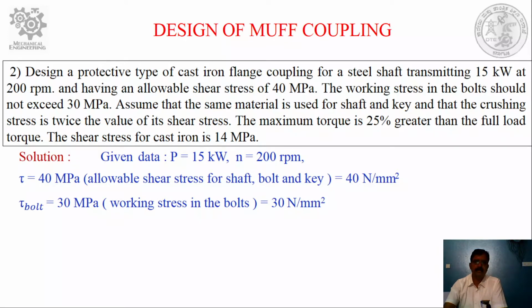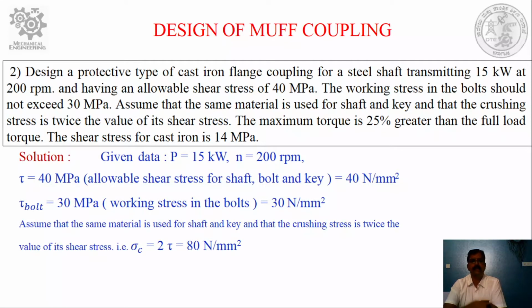Assume that the same material is used for shaft and key, and that the crushing stress is twice the value of its shear stress. That is, sigma c is equal to twice the tau of the shaft material, that is 80 Newton per millimeter square. Next, the maximum torque is equal to T mean plus 25% of T mean.